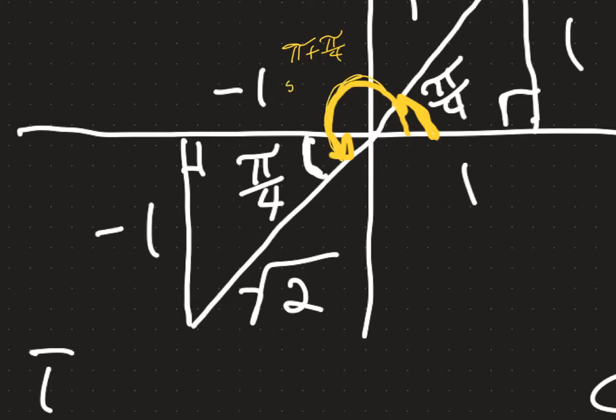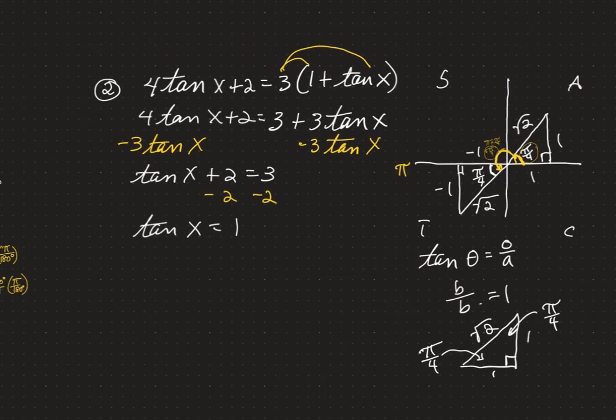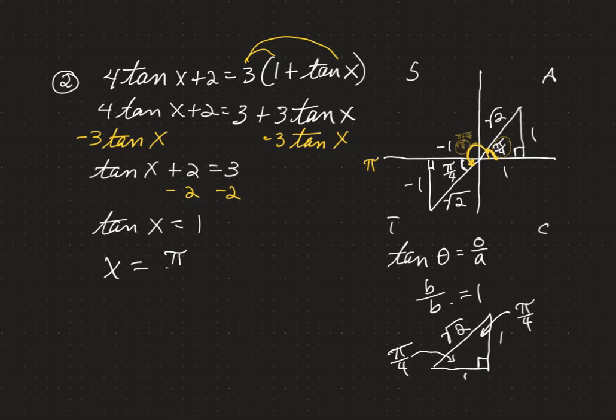So that would be 5 pi over 4 as the measure of that standard angle, and the measure of the standard angle in the first quadrant is the measure of the reference angle. So let's write down our answers here. X equals pi over 4 and 5 pi over 4.